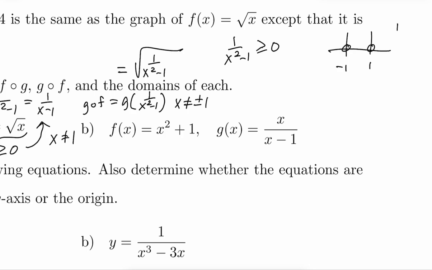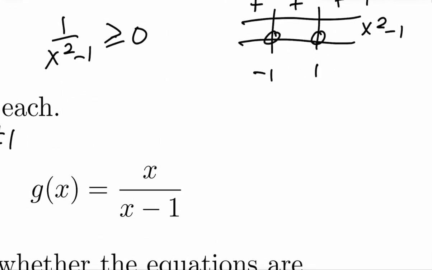And so where is 1 over x squared minus 1 positive? Well, 1 is positive everywhere. So we're really looking at x squared minus 1. What's happening there? Now, you can break it up to be x plus 1 and x minus 1 if you have the urge. I'm going to be lazy and not do that, but I'm going to plug in test values of negative 2, 0, and positive 2.